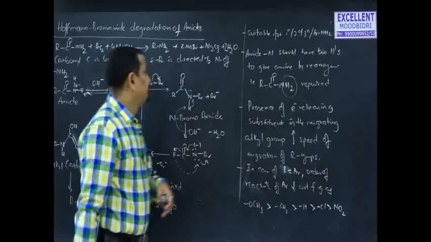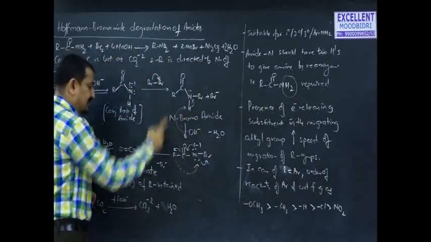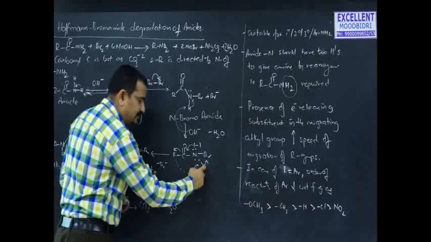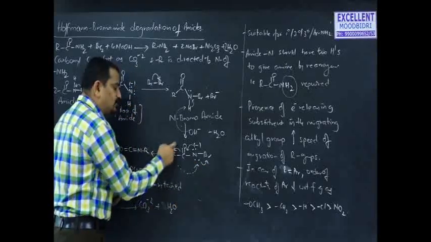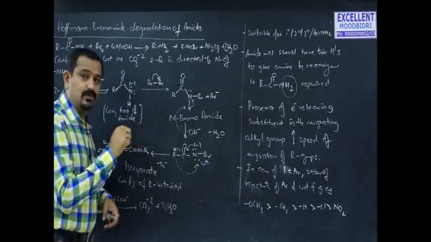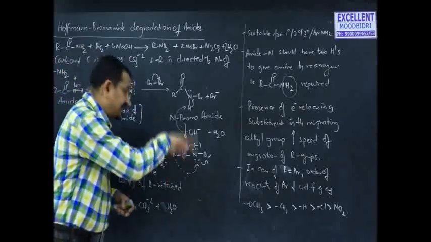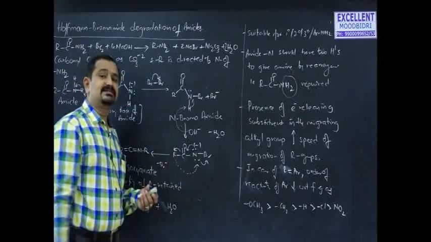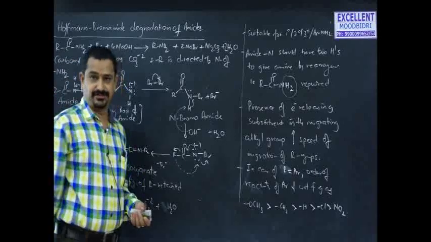Next thing is the rearranging alkyl group. This alkyl group is getting migrated over there. If any electron releasing groups are there in this alkyl group, they will enhance the rate of migration and thus enhance the rate of Hofmann bromamide degradation.